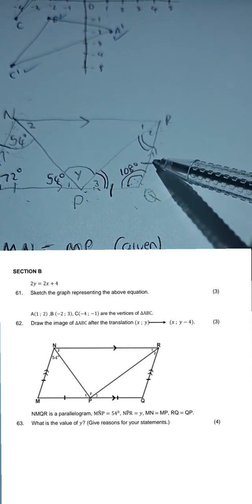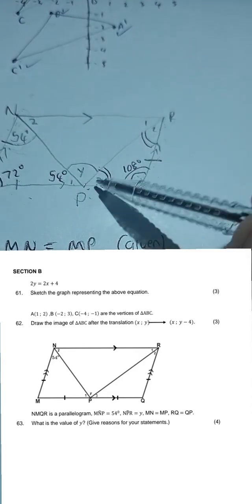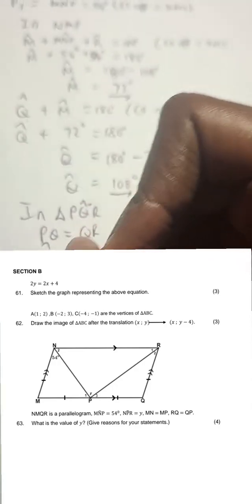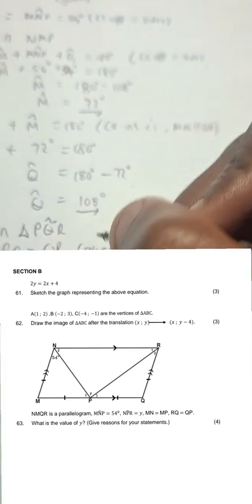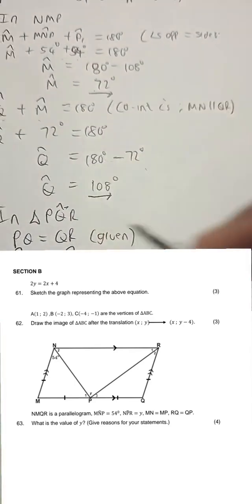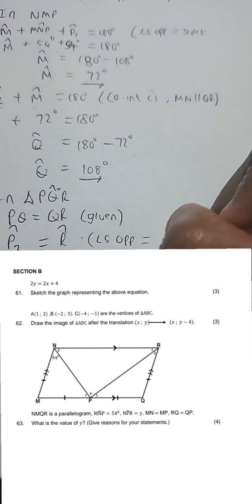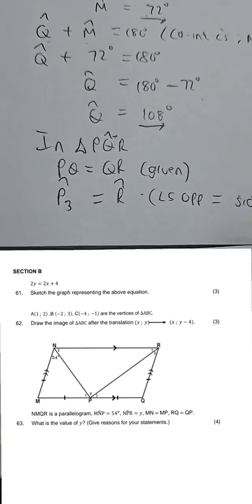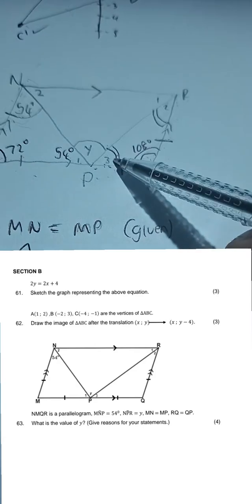So this side and this side are equal, which means those two angles will be equal. Angle P3 will be equal to what? Angle R2, which they are both equal. Why? Angles opposite equal sides.